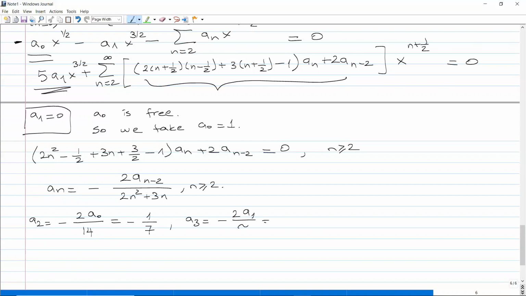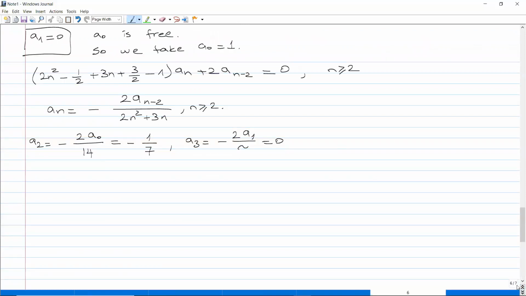But remember, a1 is 0, so a3 is 0. a4 is minus 2 a2 divided by, I'm taking n equals 4, so 16 times 2, 32, plus 12, 44.